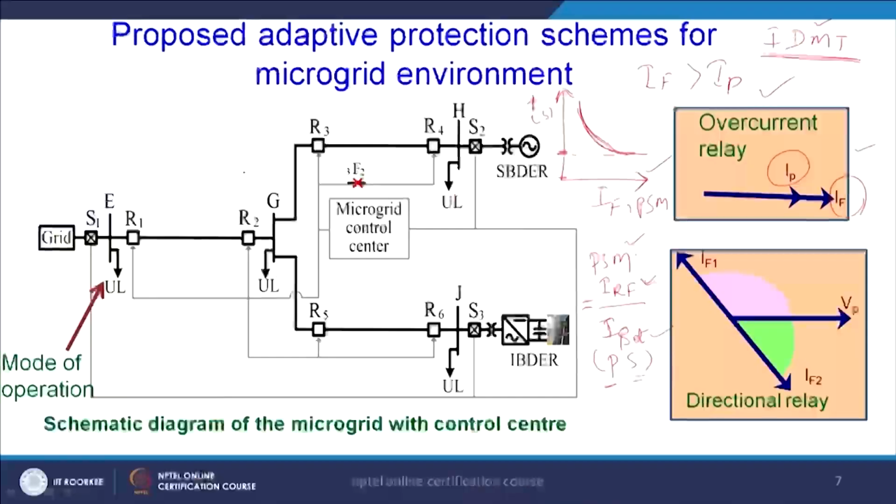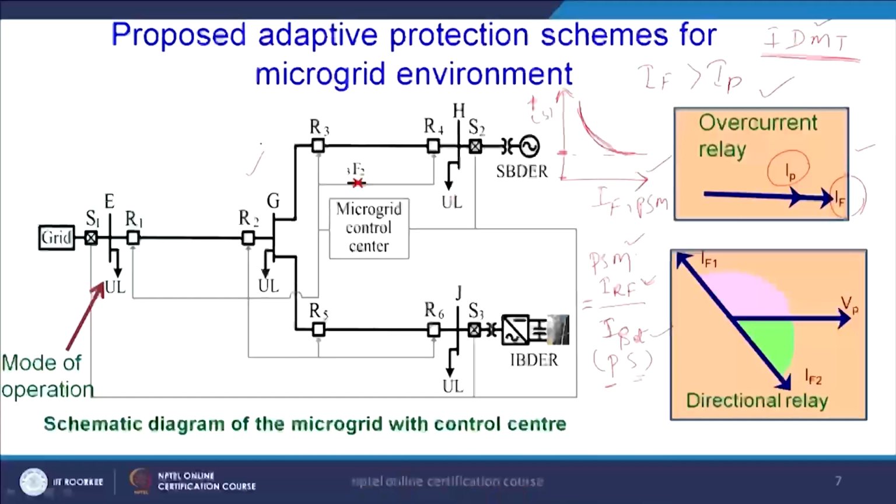But the point here, as I said from the beginning, is that in a microgrid system bidirectional fault current is going to be seen by the overcurrent relay. So it may happen that some overcurrent relays, let us say there is a fault here.